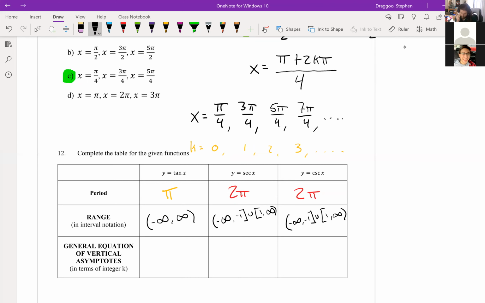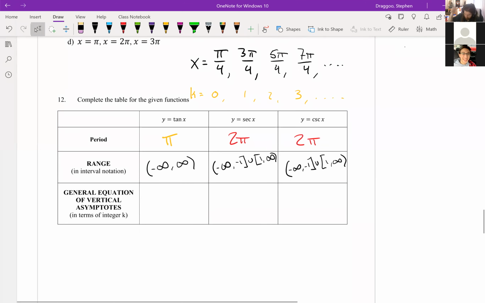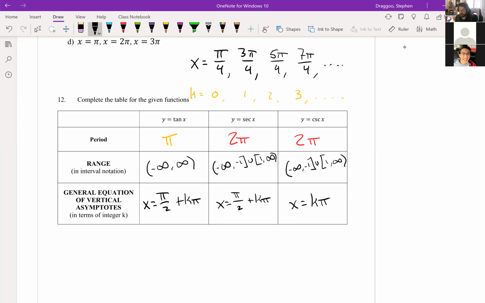And then we want the general equation of the asymptotes in terms of some integer k. We already did it for tangent in the previous problem. x is pi over 2 plus k pi, and that's the same for both tangent and secant. But then for cosecant, it's just x equals k pi.